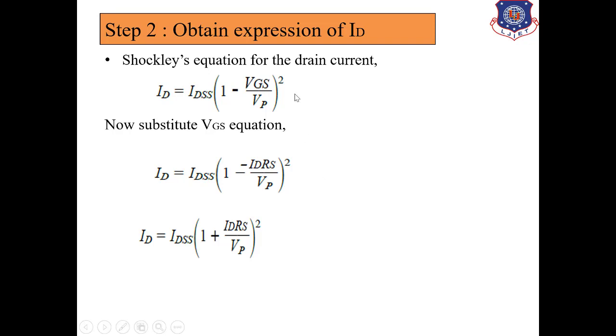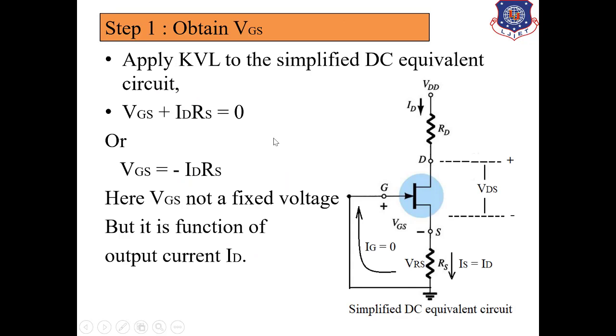Now let us start step 2, that is, obtain the expression of ID. Shockley's equation for drain current is a very important characteristic: ID equal to IDSS times (1 minus VGS upon VP) whole square. Now substitute VGS from step 1.